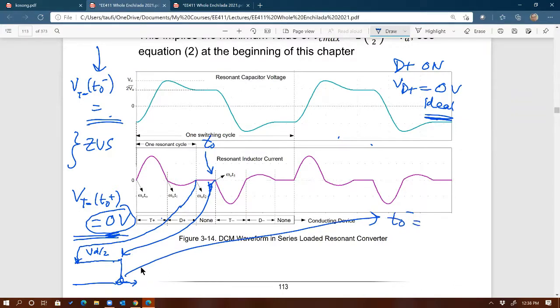It's not going to be like a sine wave, where the voltage gradually goes to 0. Here you have a step from VD over 2 down to 0 immediately. So if you zoom in, the voltage across T minus at T0 minus must be VD over 2.